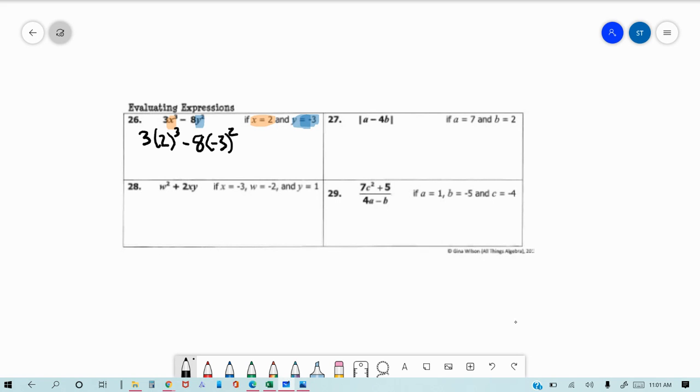So when we do this math, it would be 3 times 8 minus 8 times 9, which would be 24 minus 72, which would equal negative 48. Okay? Do you see how you have to plug that in? So it's asking you to plug in a number for a number.